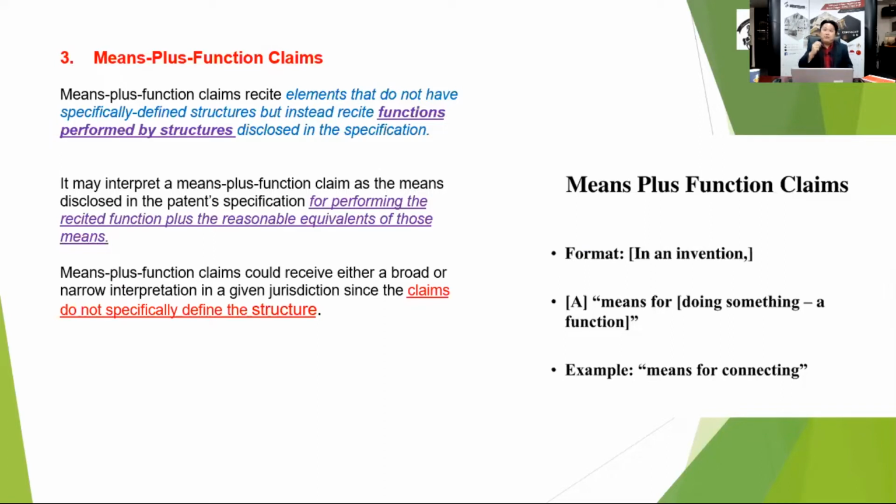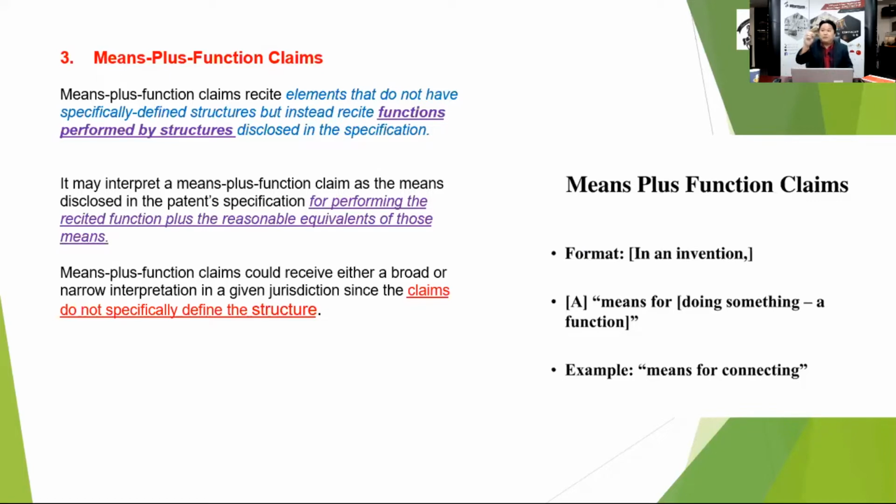Now, why do we use the word means and not any specific structures or any specific elements or components? Because we are talking about its functionality. Its functionality can be achieved by many different kinds of elements or structures.